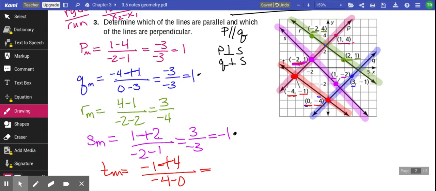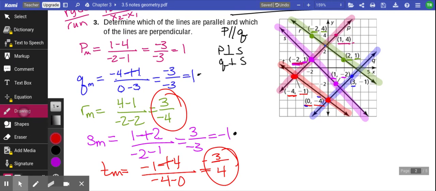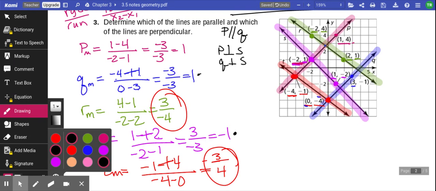So here I end up with -3/4. And I'm noticing that this is -3/4 and this is -3/4. So those two lines are parallel. So the other set of parallel lines that I have are R is parallel to T. But notice they're not perpendicular to P and Q, right?